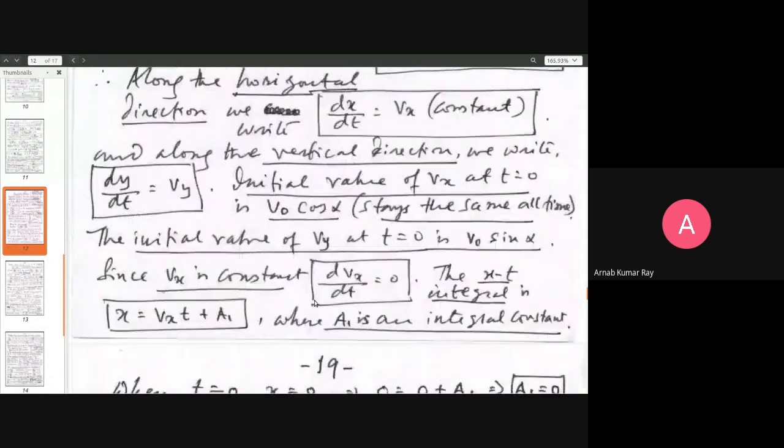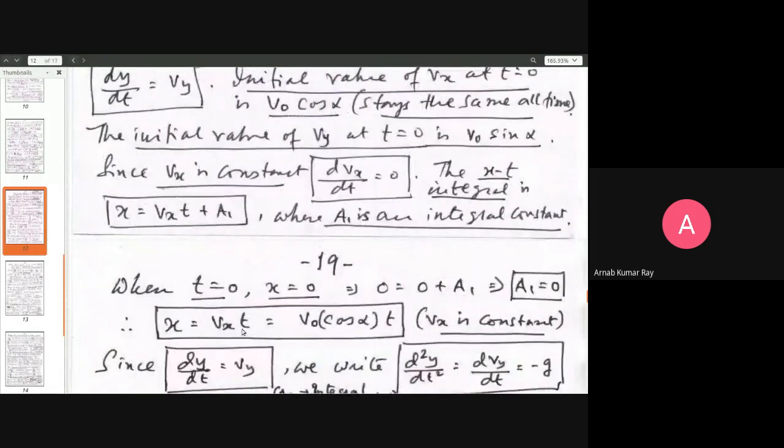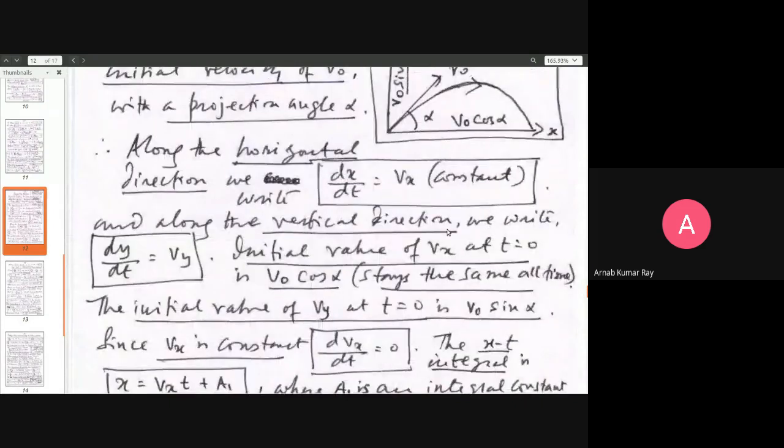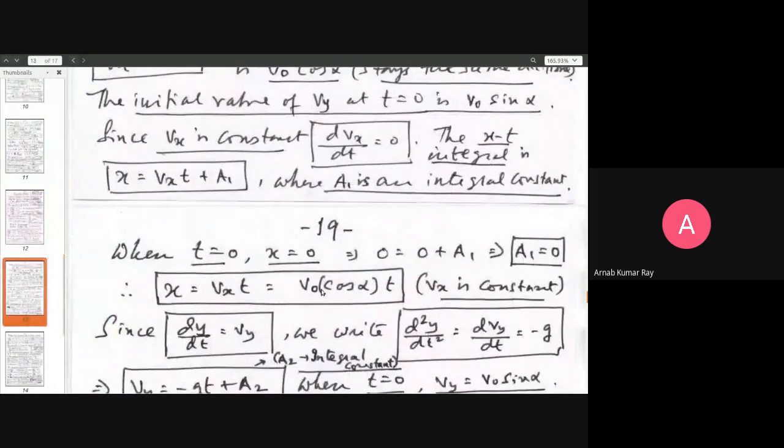With the initial condition, x is simply vx times t, and vx is the same throughout, so vx is v naught cos alpha. So x is equal to v naught cos alpha into t. That is the horizontal x-t equation.